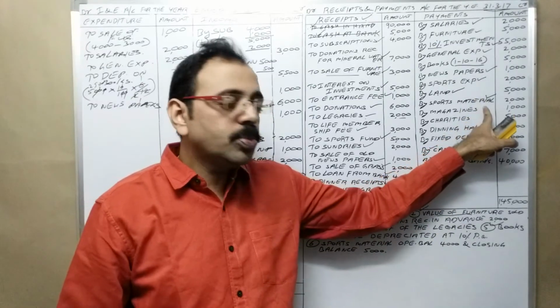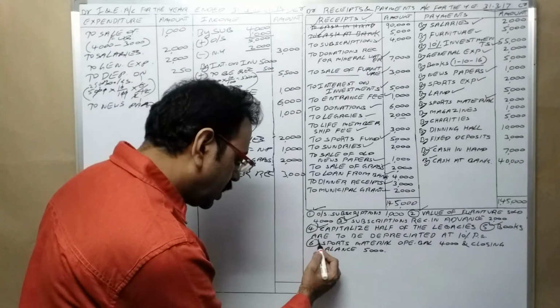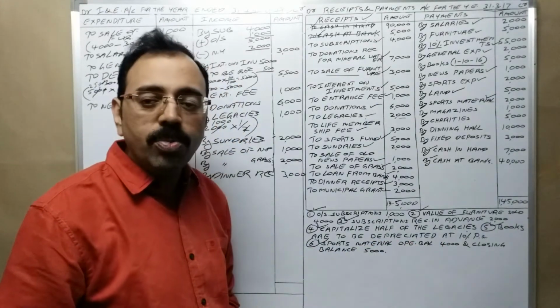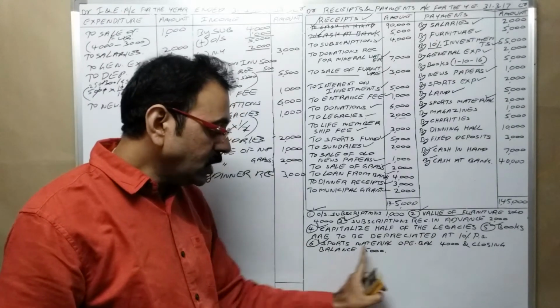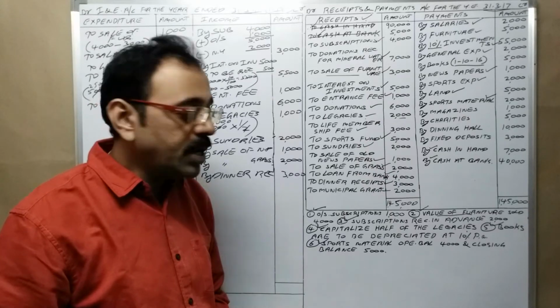And regarding this sports material, see adjustment number 6. Sports material opening balance 4,000 rupees, closing balance 5,000 rupees. What is the meaning of that?